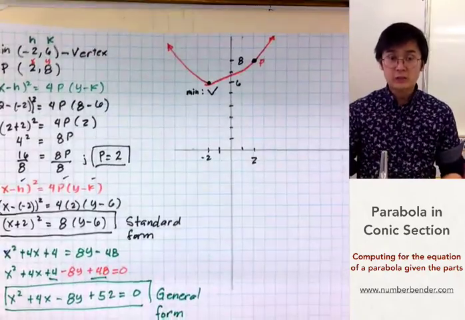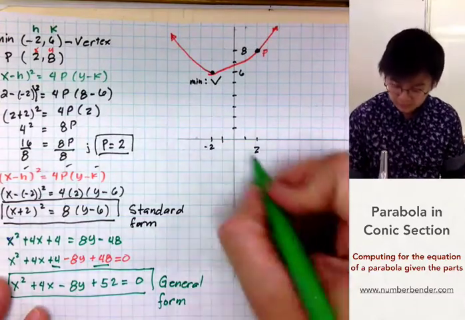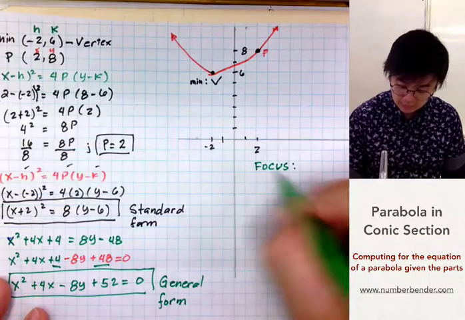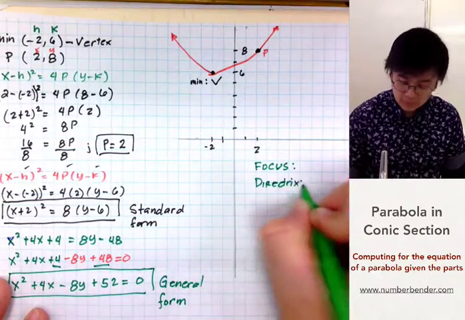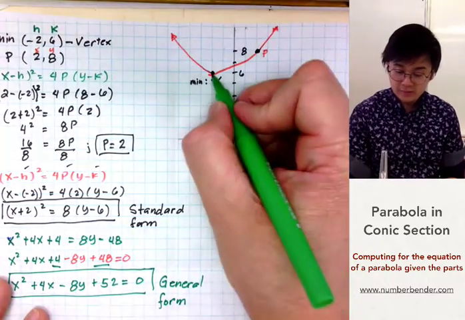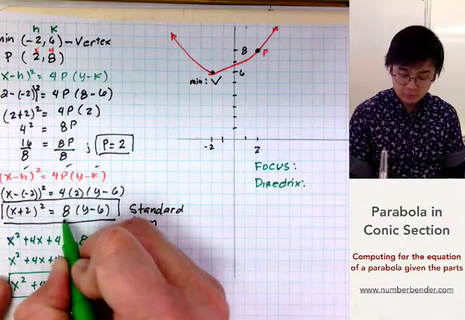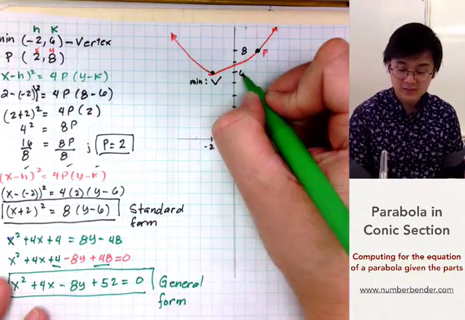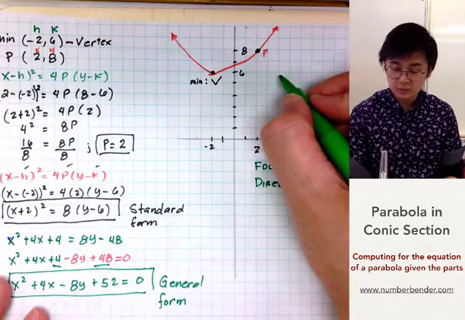And if you need to find the other parts of the parabola, which are the focus and the directrix, the focus is 8 units, because this is our p-value, going up from the vertex. So if this is 6, 6 plus 8 units is going to be equal to 14.